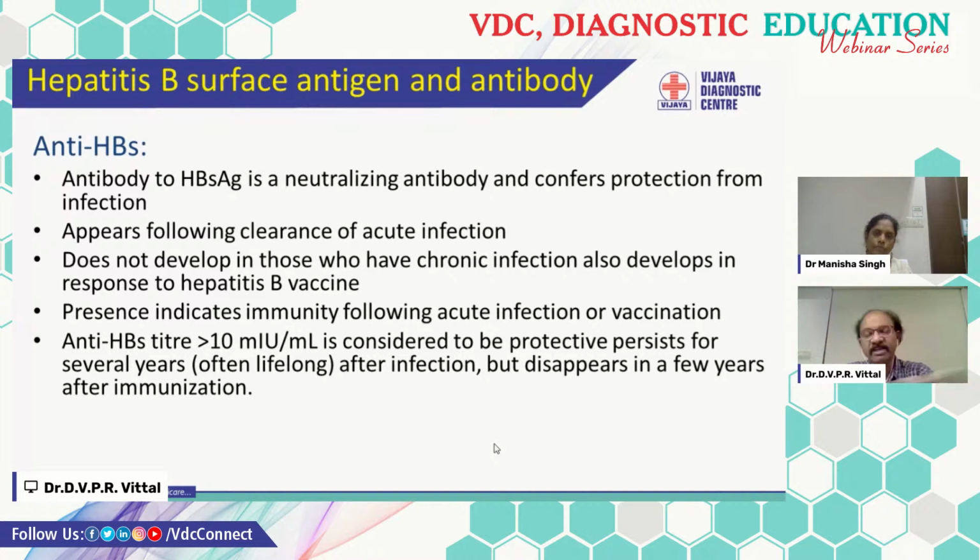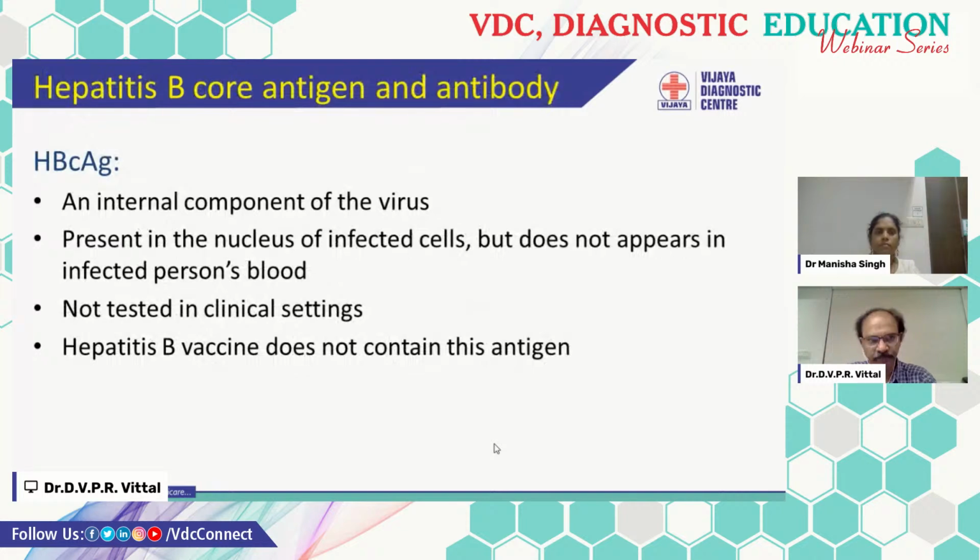That is, the normal range differs from test to test, and the titer which I have given is for manual ELISA. This particular antibody persists for several years and affords protection to the patient, but the titer may go down or wane off after a long time.